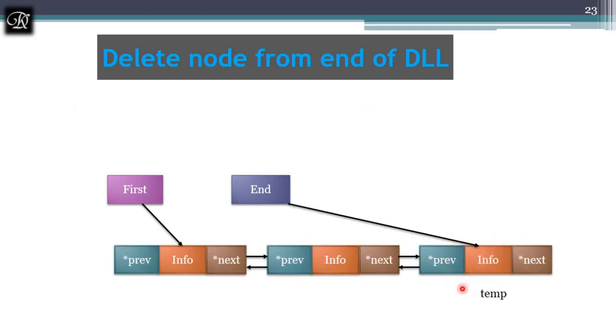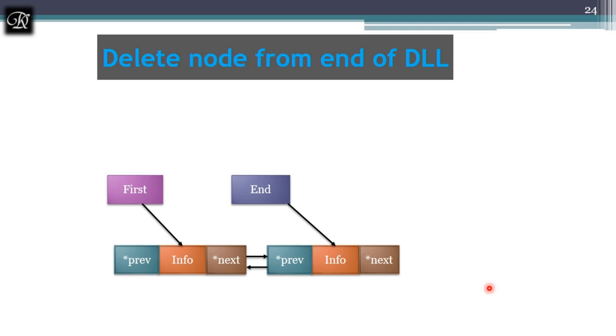Then what I am going to do is, I am going to take the end link from the temp and I will call the previous node. How will I get to know which is the previous node? From the link of the end's previous node, and I will call that the end node, and after that end's next will be set to null. Then finally free this temporary using the free function.